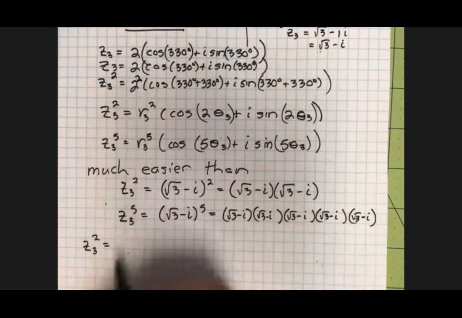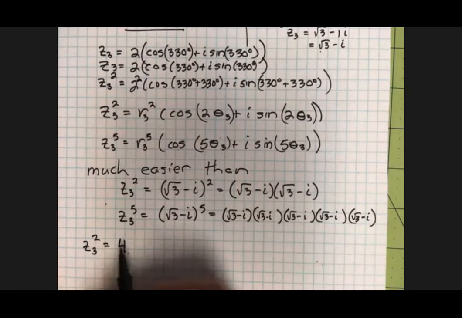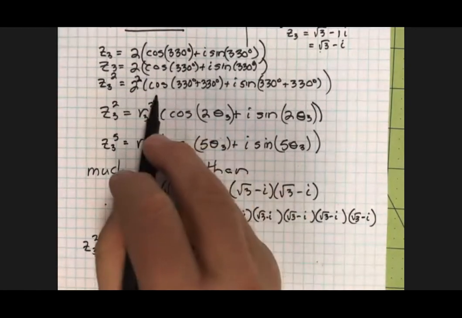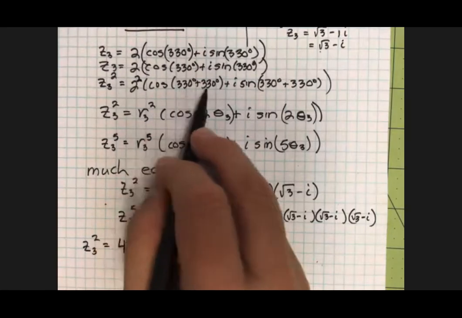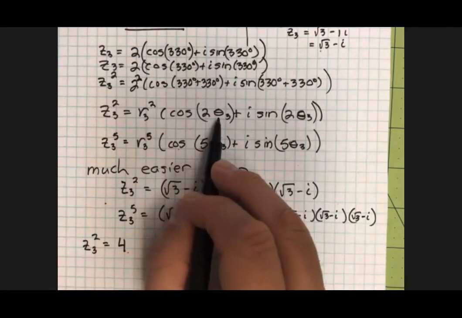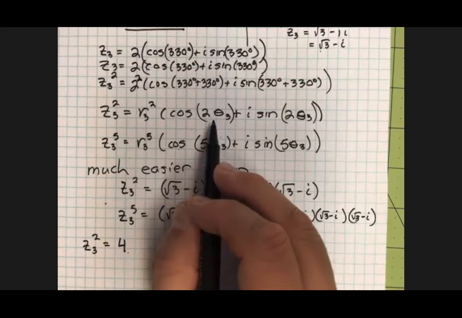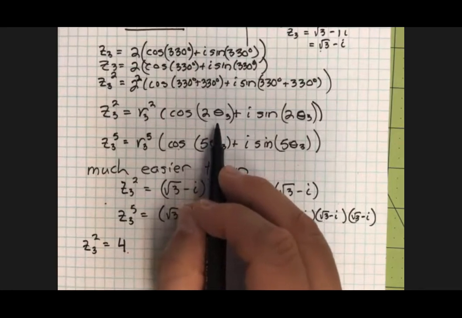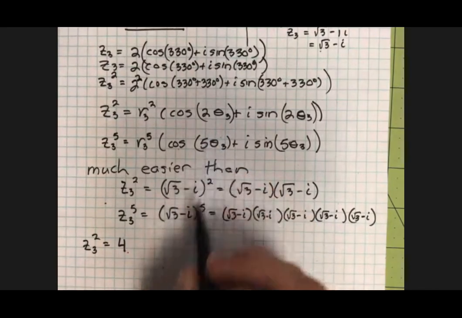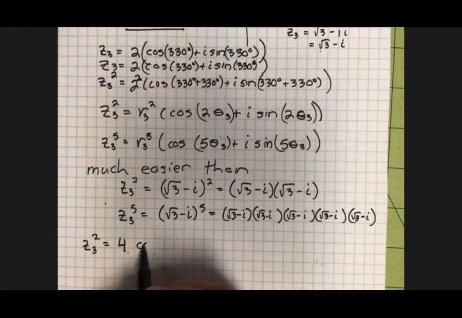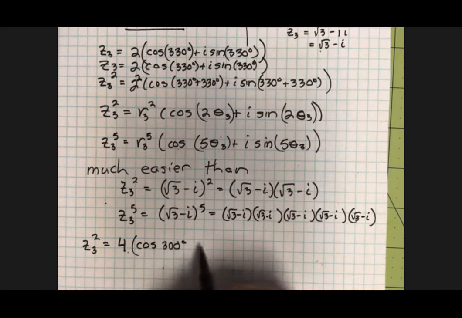Radius is 2, so 2 squared is 4. And the cosine of 330 plus 330, 2 times 330. Now 2 times 330 is 660. Subtract 360, you'd say that's cosine 300 plus i sine 300.